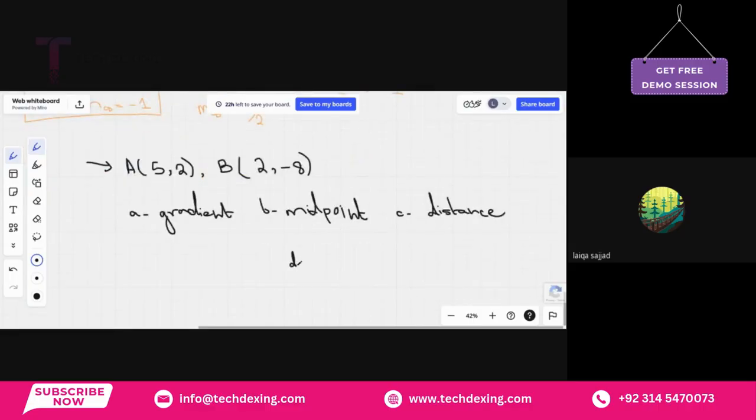And in part D, you have to find the gradient of a perpendicular line. This is all that you have to do. Yes, can you try it?